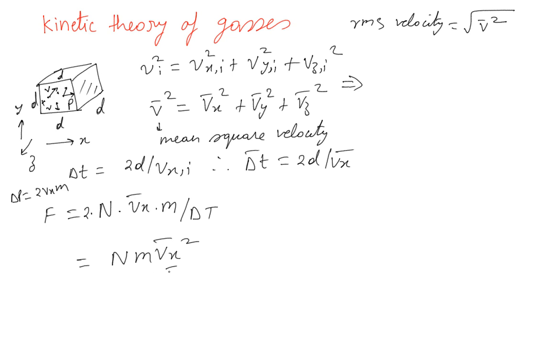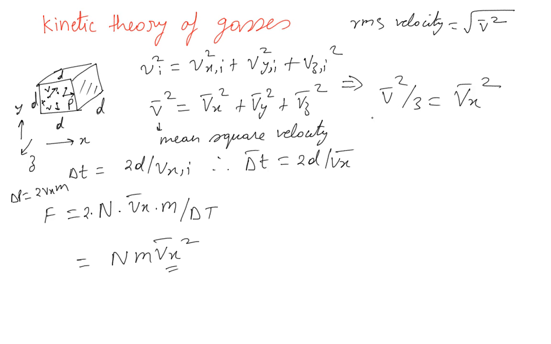Now how do we get this? If you look at this equation, there's no really special axis. So in a way, vx squared average is the same as vy squared average is the same as vz squared average. So just sum everything: 3 vx squared should actually be v squared.